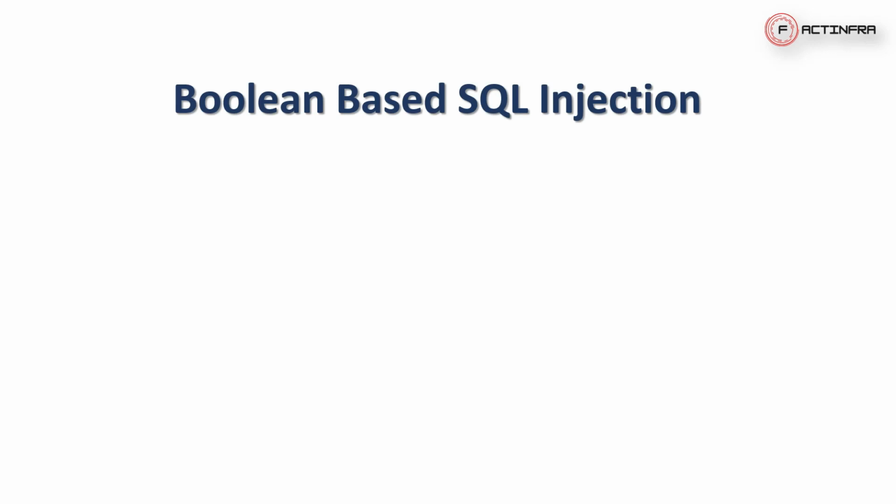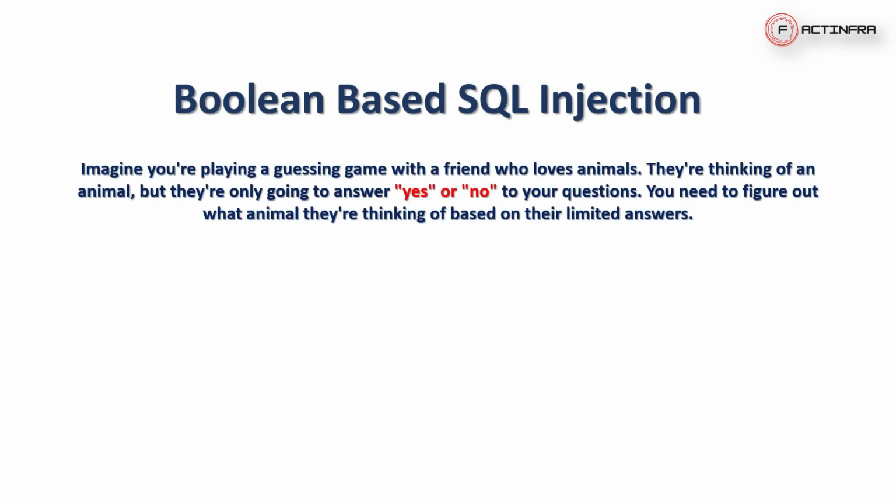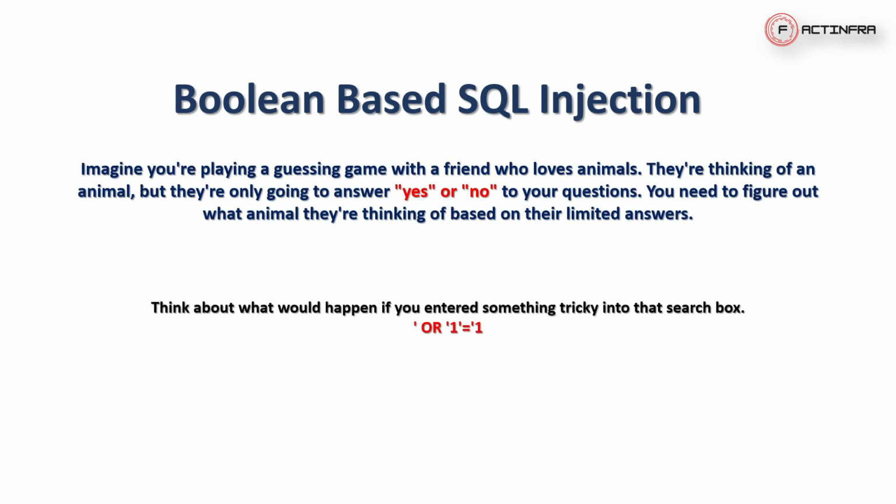So guys, moving forward towards Boolean-based SQL injection. Boolean-based SQL injection is also one part of blind SQL injection. In this we are injecting some Boolean conditions, like OR 1=1 and AND 1=1, or AND 1=2, yes or no. Let's say, imagine you are playing a guessing game with a friend who loves animals.